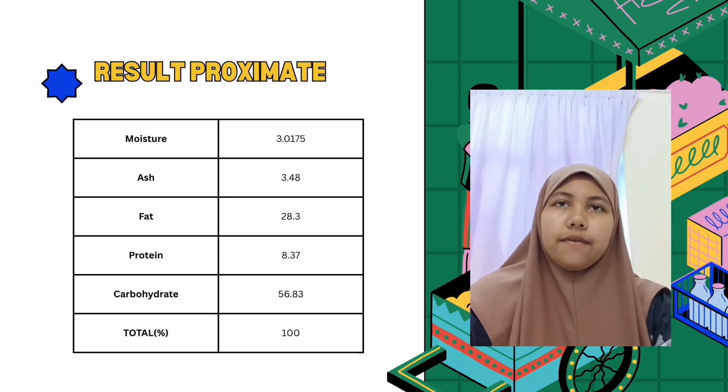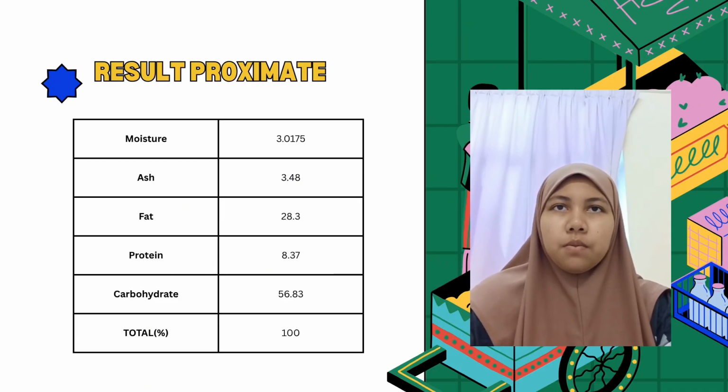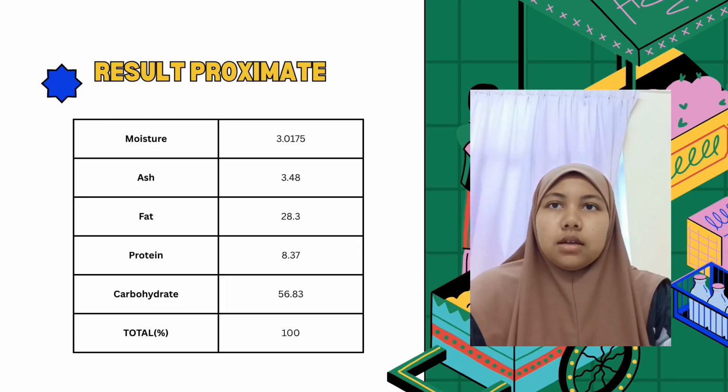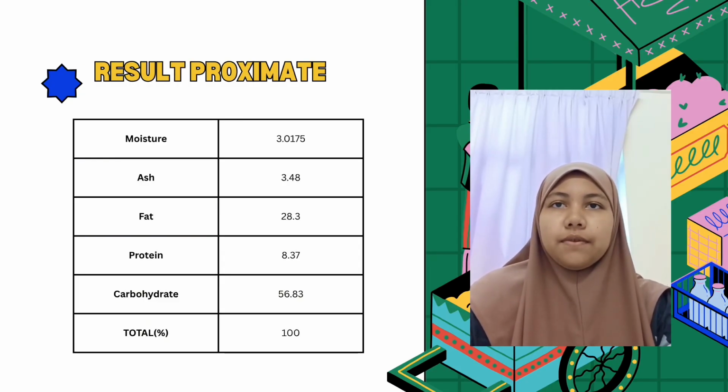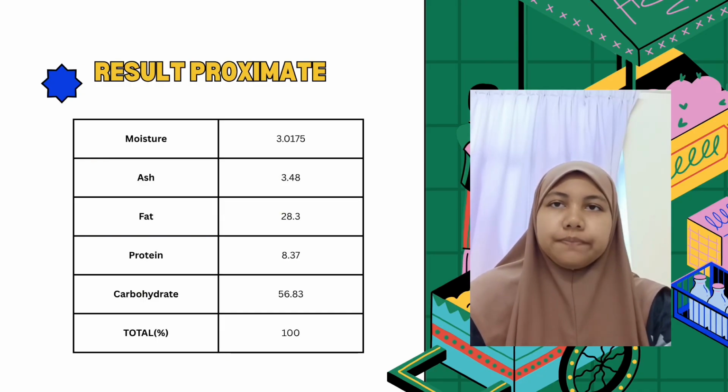The protein level indicates a fair contribution to body building nutrients, making the sample a moderate protein source. For carbohydrate, we have 56.83%. Carbohydrates make up the largest portion, serving as the main source of energy in the sample.